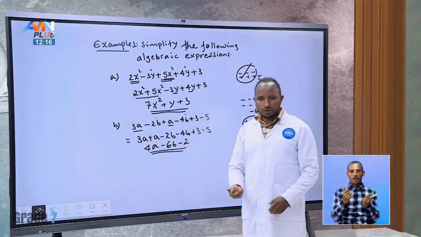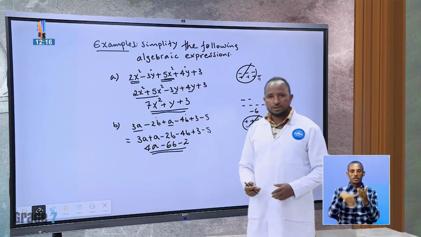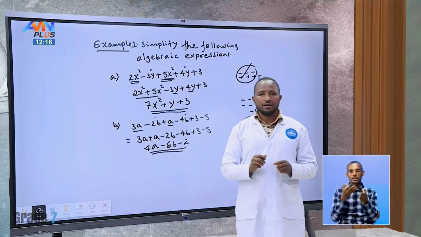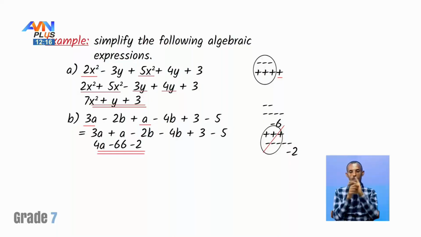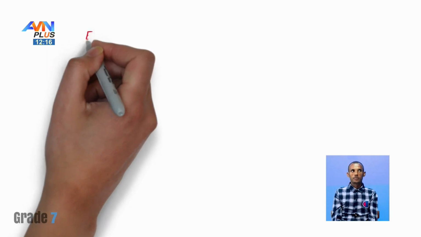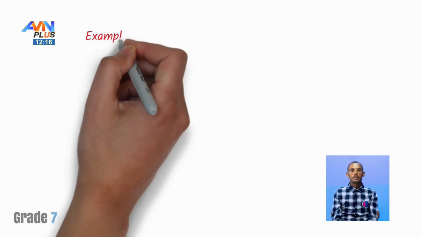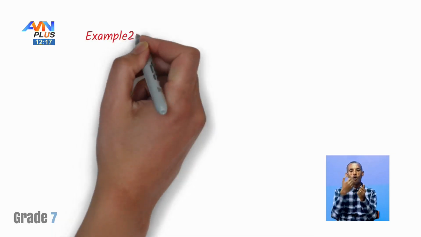Now let's continue to the next section, simplification of algebraic expressions containing brackets. Example 2.